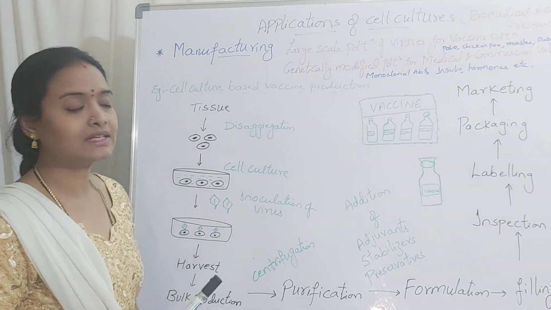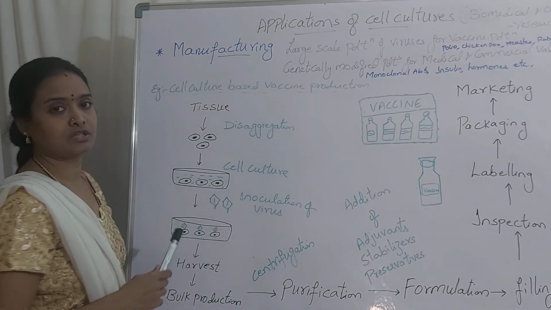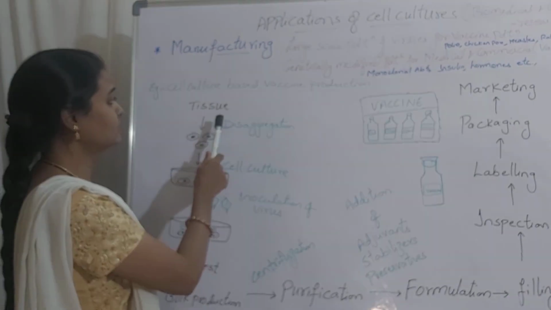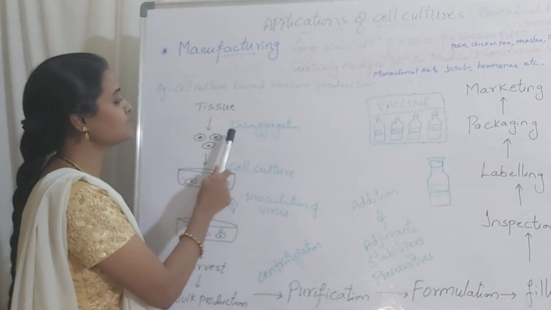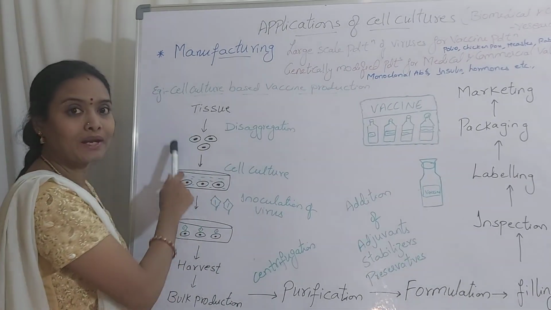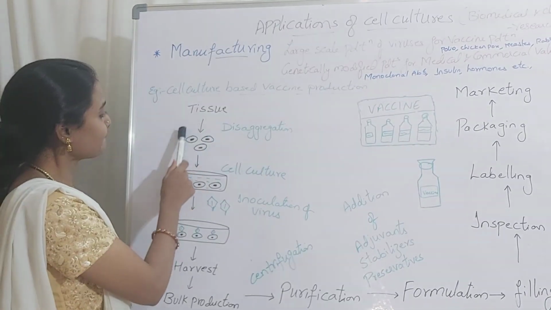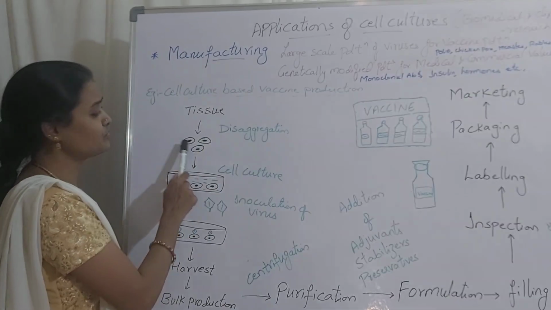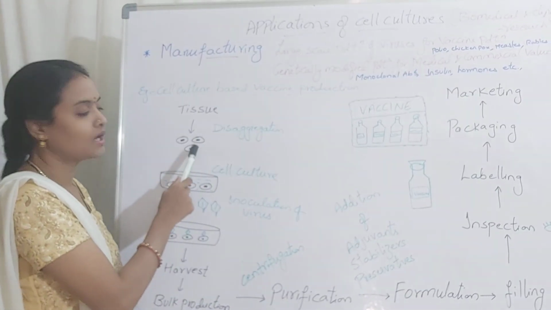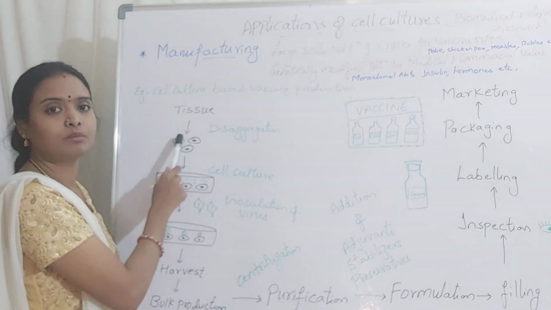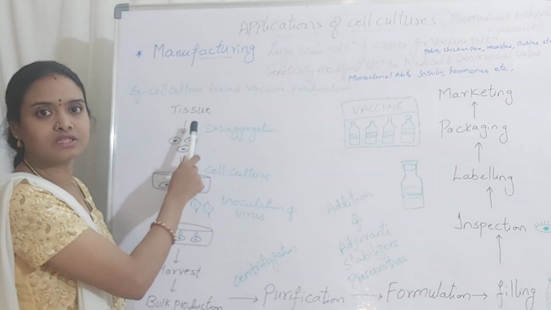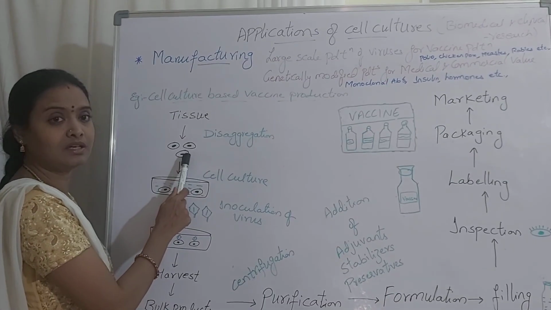In the case of vaccine production, first you select the tissue. Then, from the tissue, by means of the disaggregation process, you separate the cells. The collagen which binds all the cells together like cement has to be broken down. That is disaggregating the tissue, which means you are separating the cells.